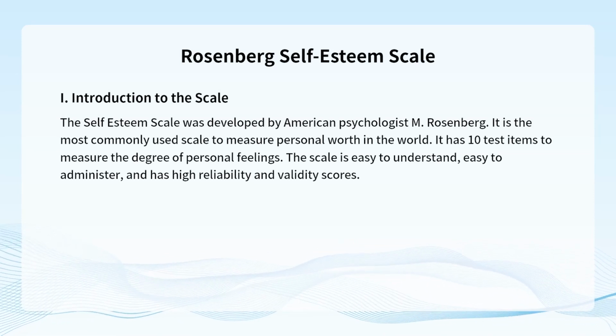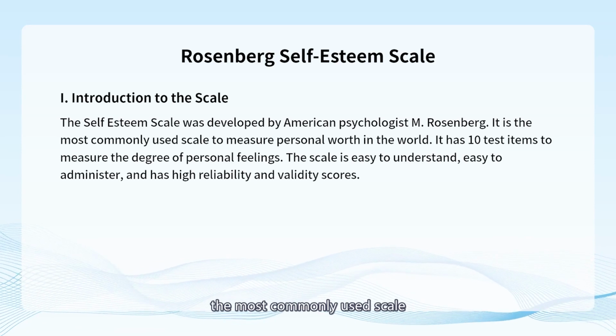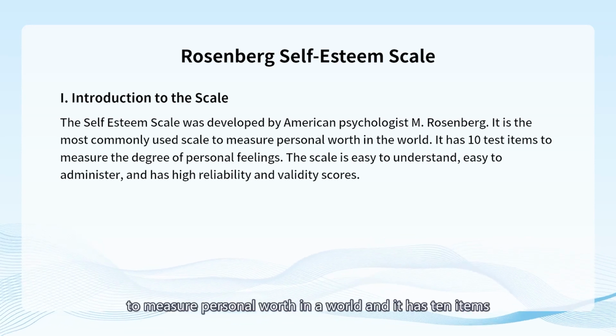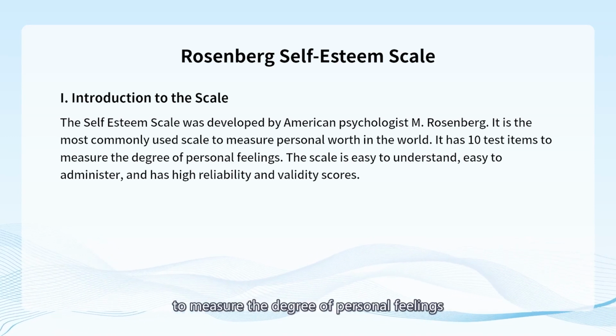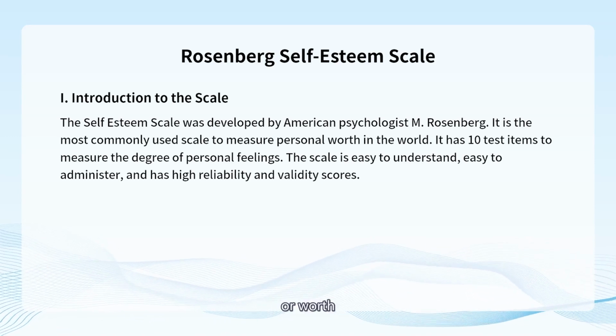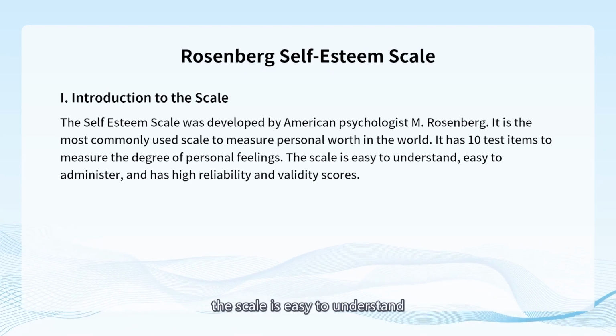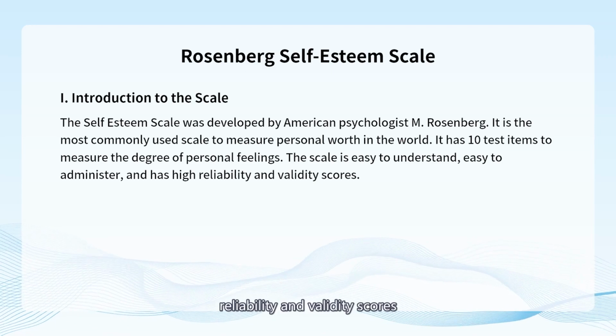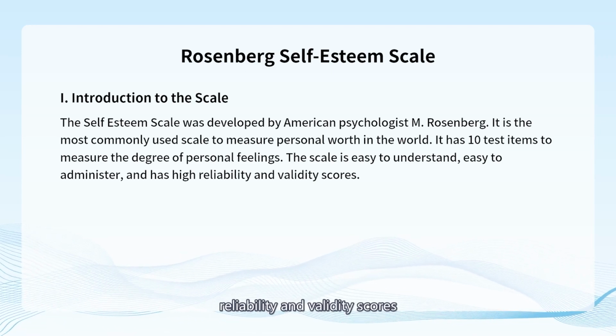It is the most commonly used scale to measure personal worth in the world. It has 10 items to measure the degree of personal feelings of worth. The scale is easy to understand, easy to administer, and it has high reliability and validity scores.